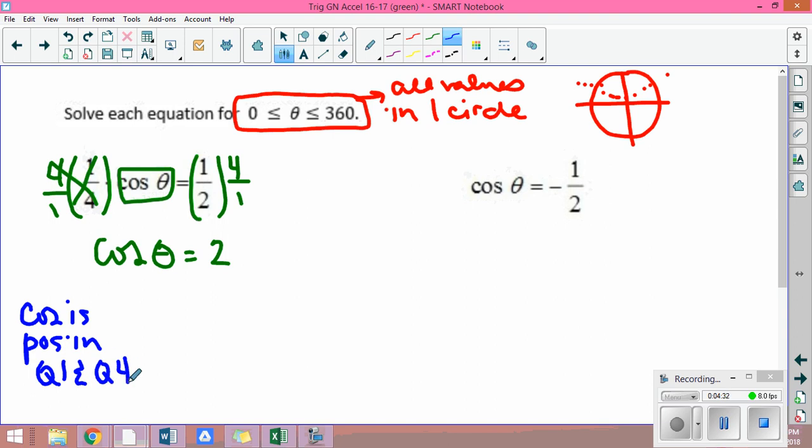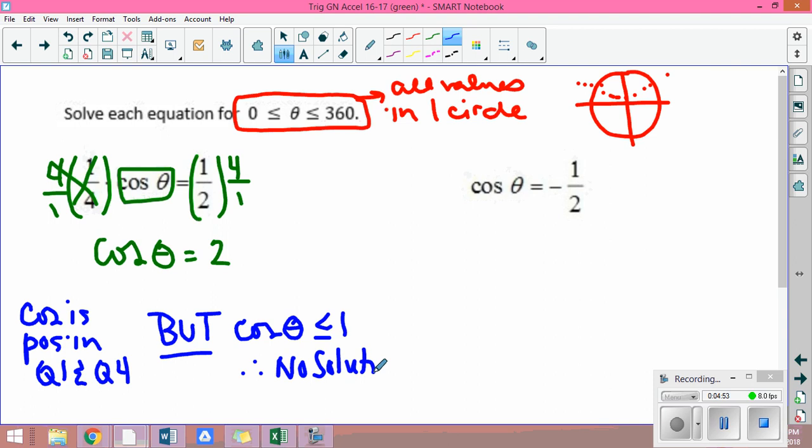So I start to go to my unit circle to look at where this happens, but then I remember cosine of theta has to be less than or equal to 1 all the time. Therefore, there's no solution. We cannot have a trig ratio for cosine greater than 1.